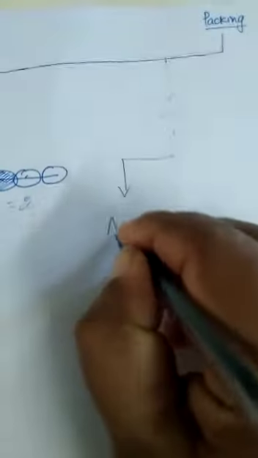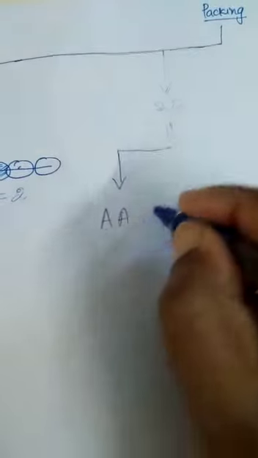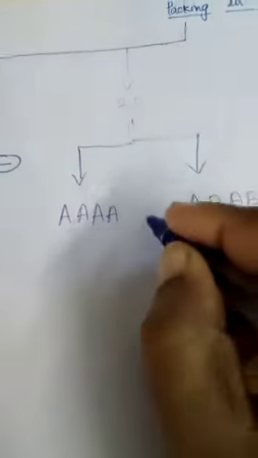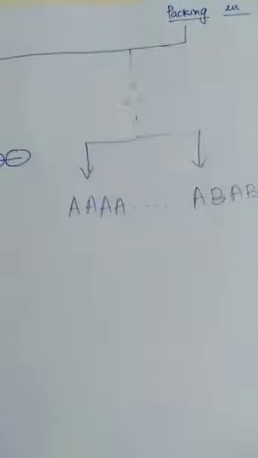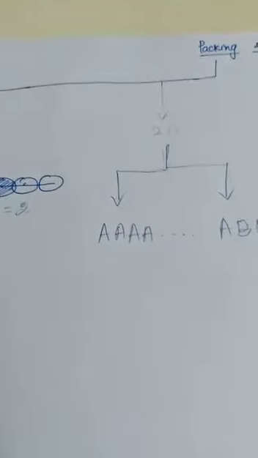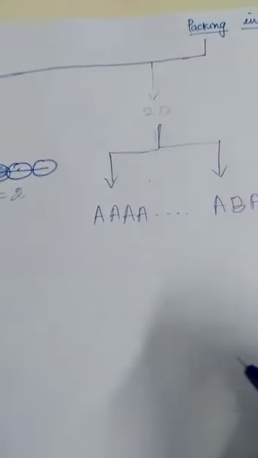One is AA type, AAA continuously. The other one is called AB type, and it extends. So let's see how in two dimensions these atoms, molecules or ions are arranged in a crystal.